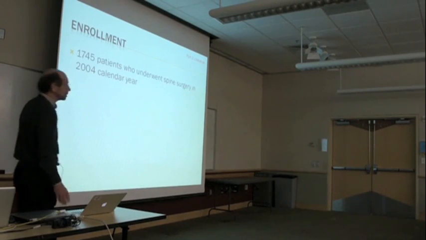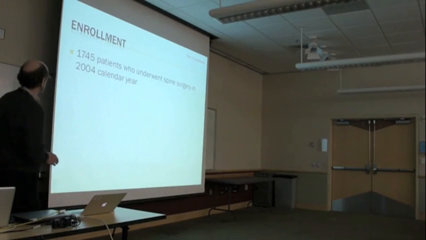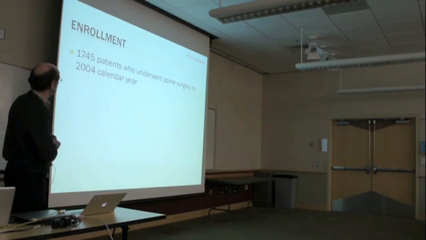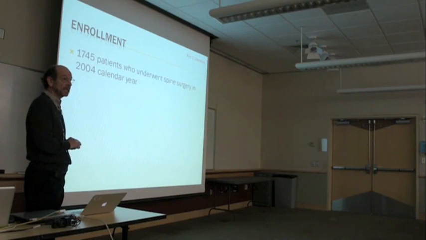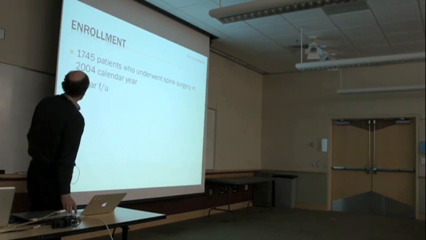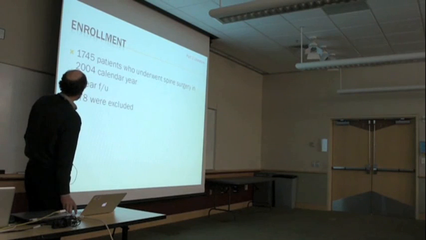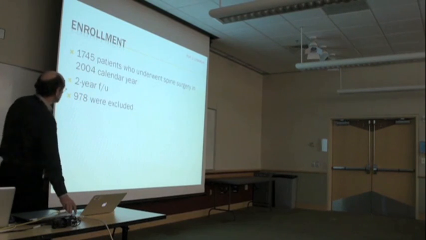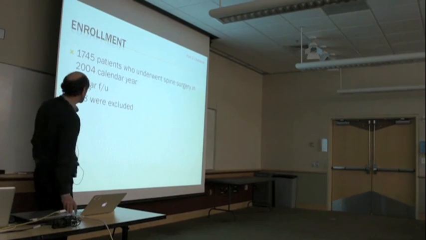Now here's the enrollment, which is always key in a study like this. So there were 1,745 patients who underwent spine surgery during that calendar year at the 2 locations. That's a lot of cases. At 2-year follow-up, 978 of these patients were excluded, and we'll look at the exclusions in a moment.